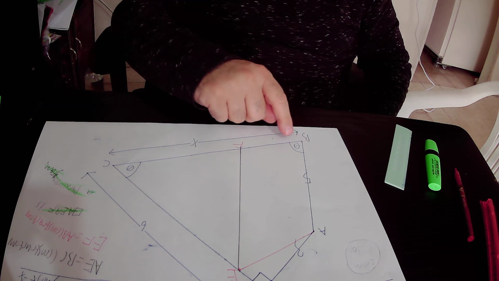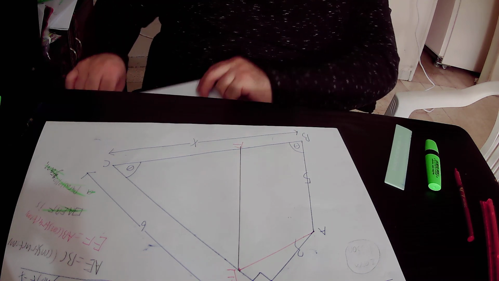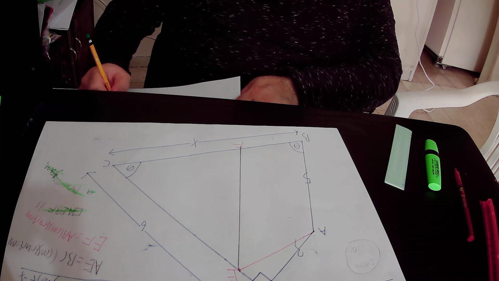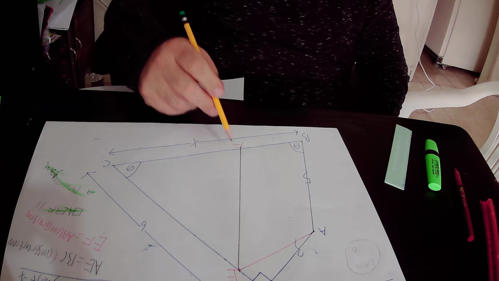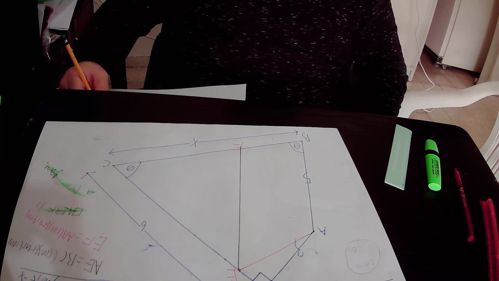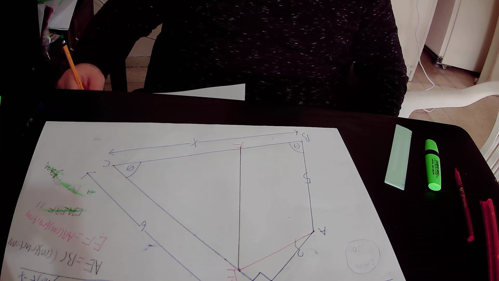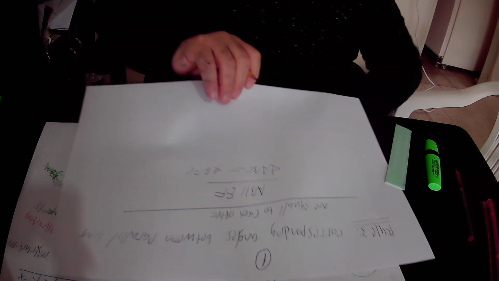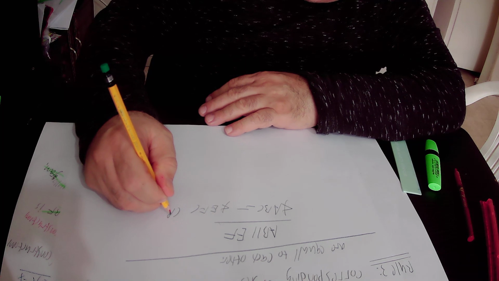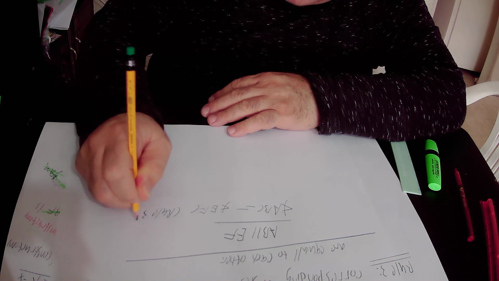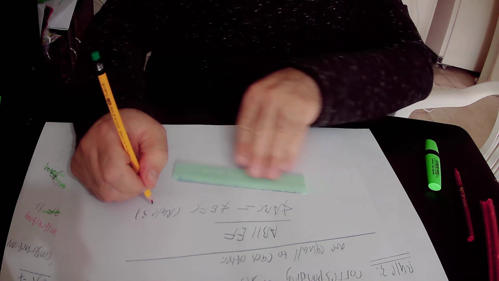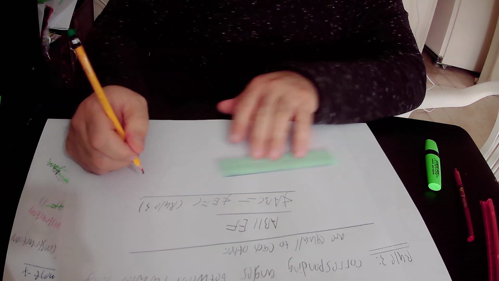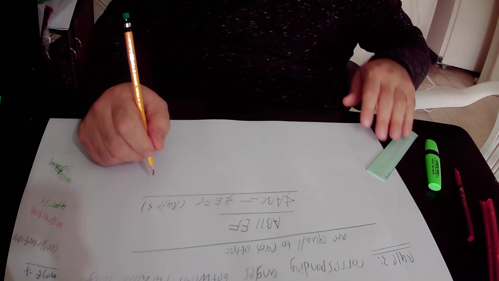So angle ABC, this angle, is equal to this angle, which is angle EFC. I repeat again: angle ABC equals angle EFC according to rule number 3.